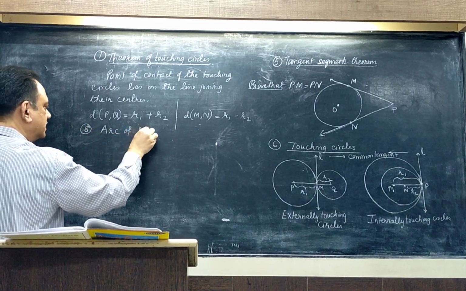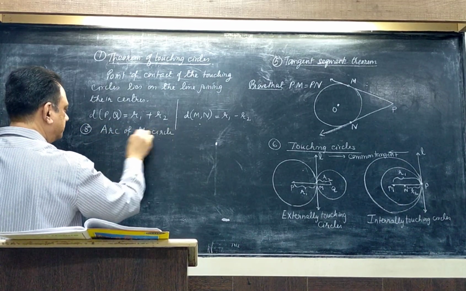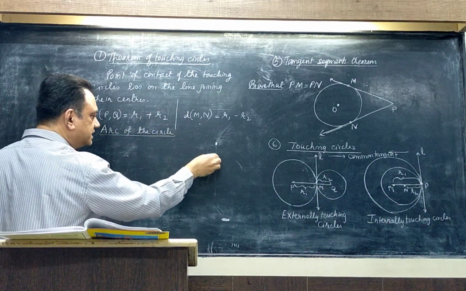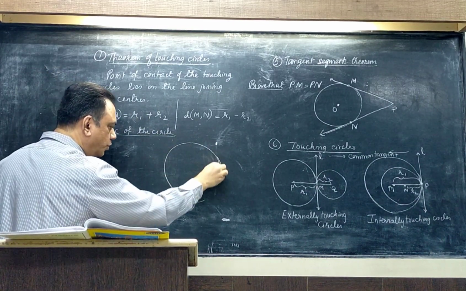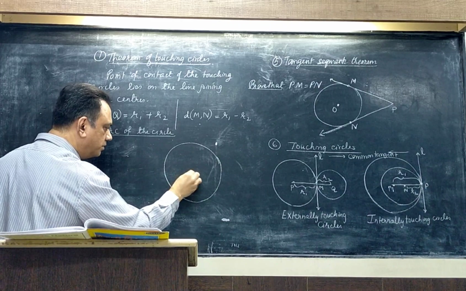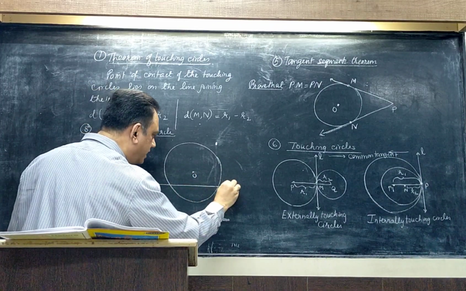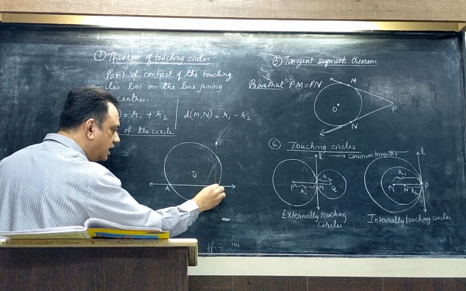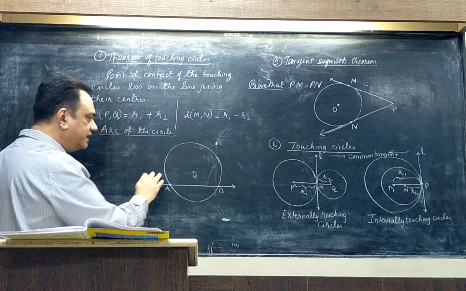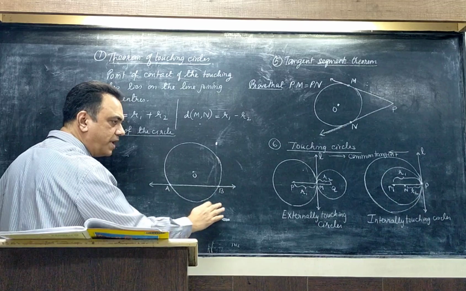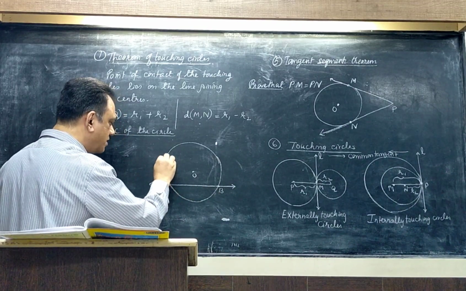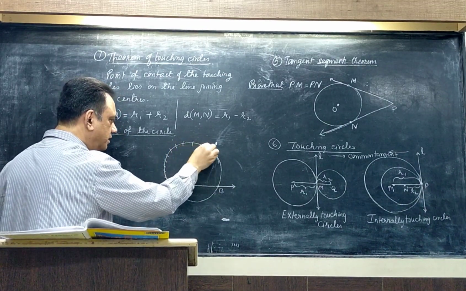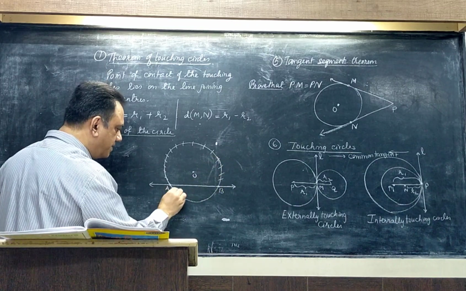arc of the circle. This is a circle with center O. I'll draw a secant AB. A secant divides the circle into two parts. Can you see, this is one part and this is another part.